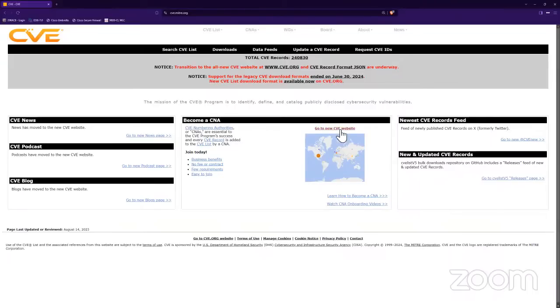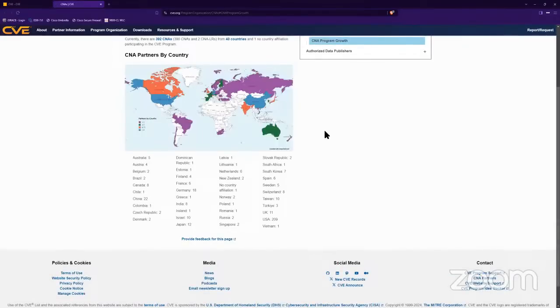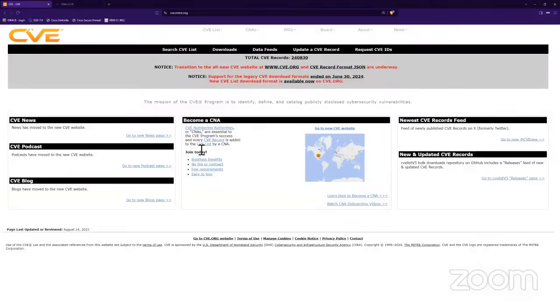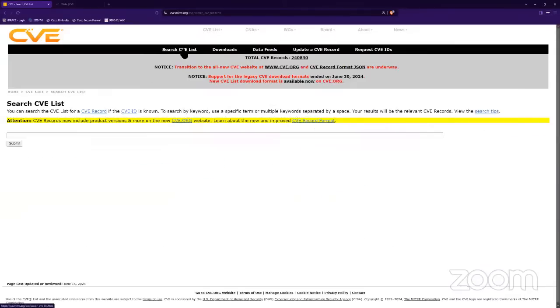They do have a new website here as well, which I think is a much better way to highlight that, but I always come back to this website because this is where you can get all the information. So if you know about a particular vulnerability that you're trying to protect your network against, you can come in here and search for that vulnerability. Let's see if we can pull up a vulnerability.